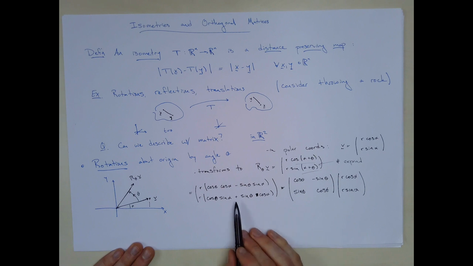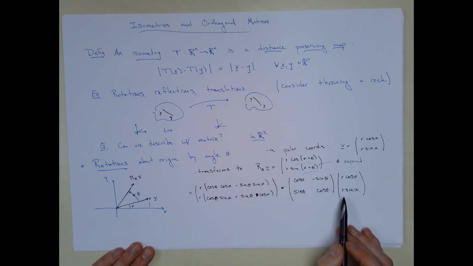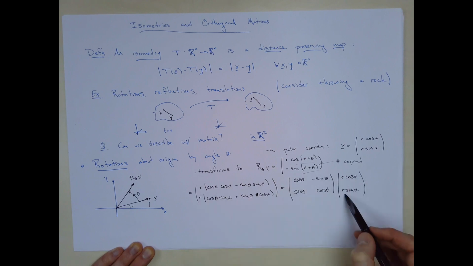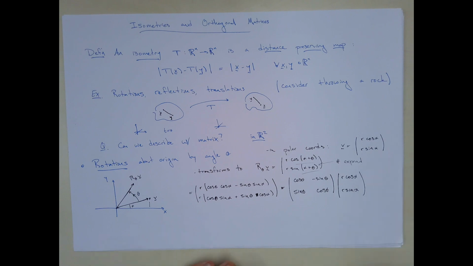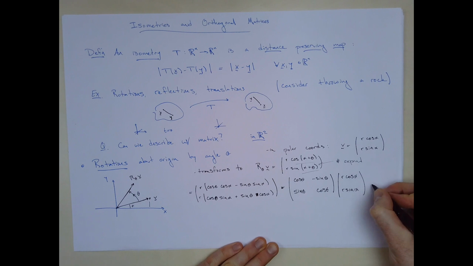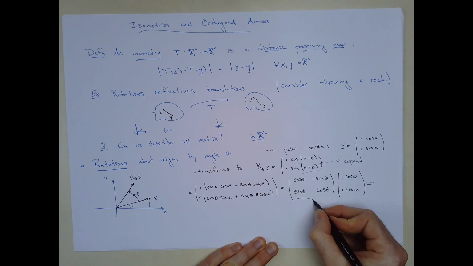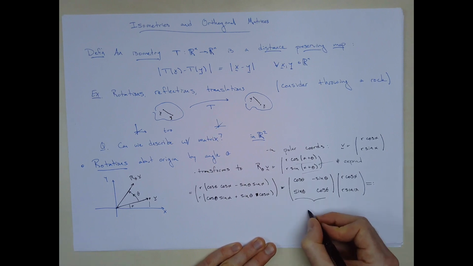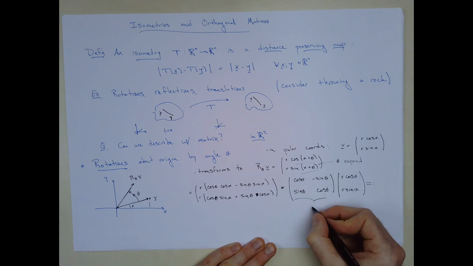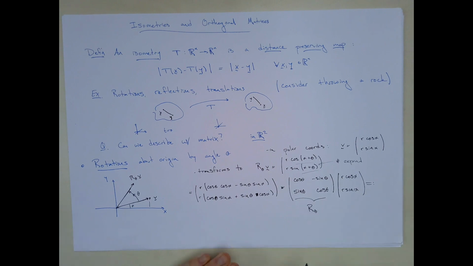Again, the point of writing it that way is that I can view this r theta v as this matrix times r cosine alpha, r sine alpha, which is v itself. So we could define this matrix to be, okay, a bit messy on the notation.